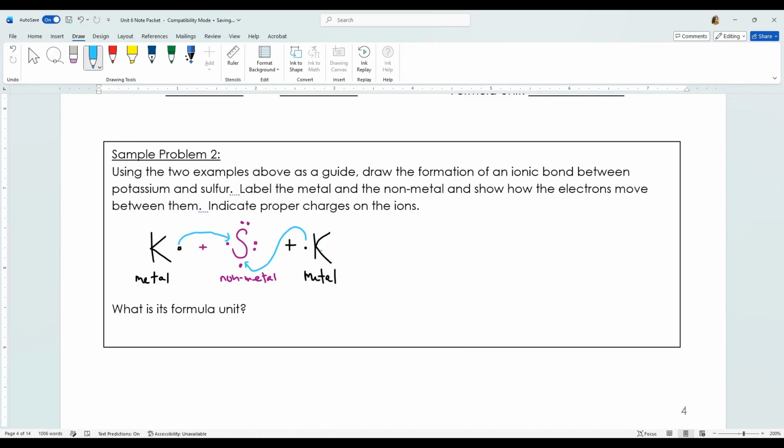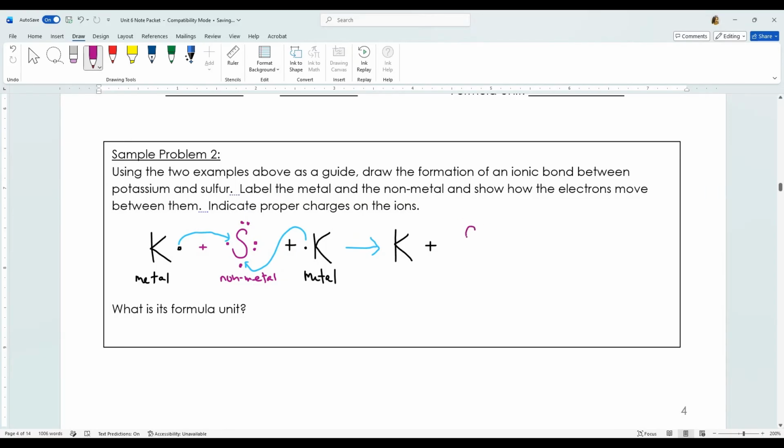So what does that mean? Well, if I draw the products of this, I have 2 potassiums. So I have a potassium. This now has no electrons around it. I have a sulfur with 8 electrons around it. So let's see.